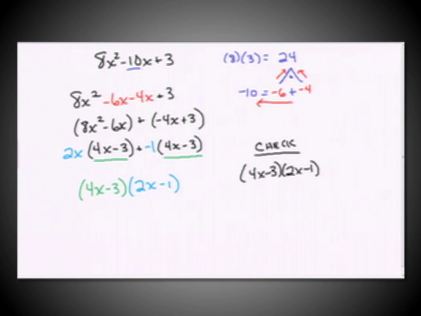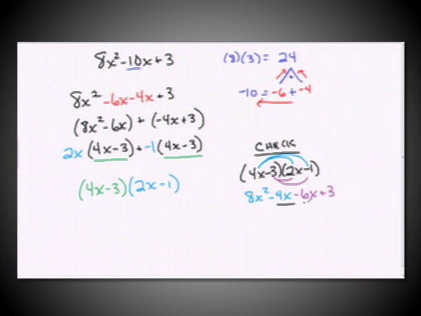And we just distribute each term in the first binomial to each term in the second binomial. 4x times 2x is 8x squared. 4x times negative 1 is negative 4x. Negative 3 times 2x is negative 6x. And negative 3 times negative 1 is positive 3.